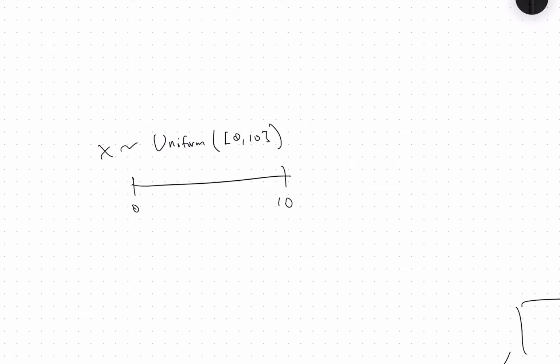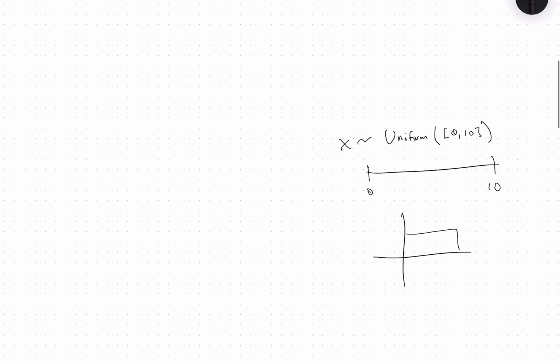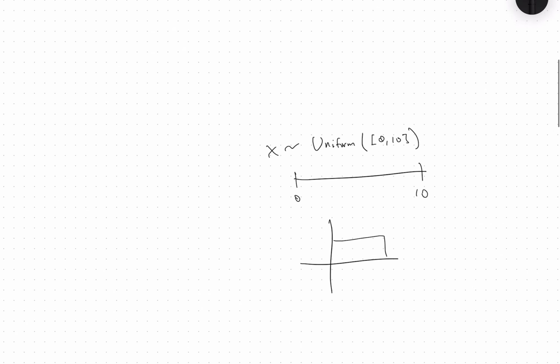Every random variable comes with a graph. This graph looks like this because it's uniform, and these are the probabilities, right? Every interval has that probability, and that probability is in the graph. All right, speed run.